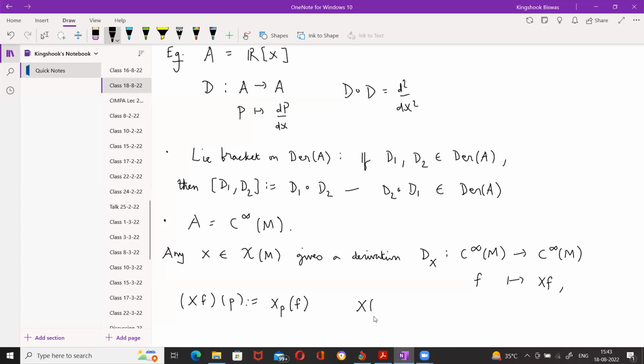So X of FG will be XF times G plus F times XG.